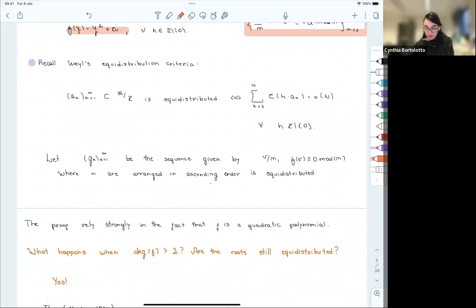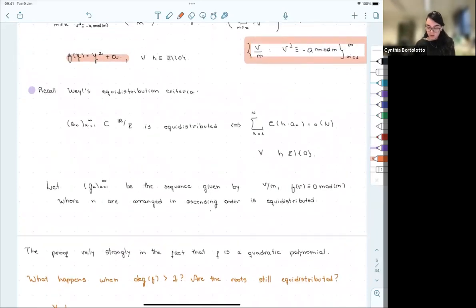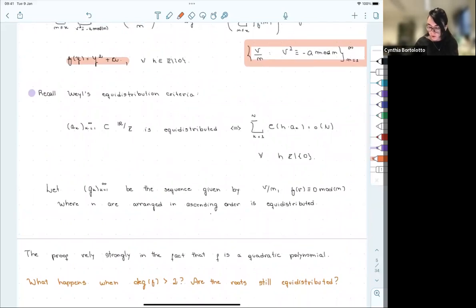And then one could ask what happens if the degree of our polynomial is bigger than 2, because now we were showing that this holds whenever f is of the form x squared plus a, with a not a perfect square.